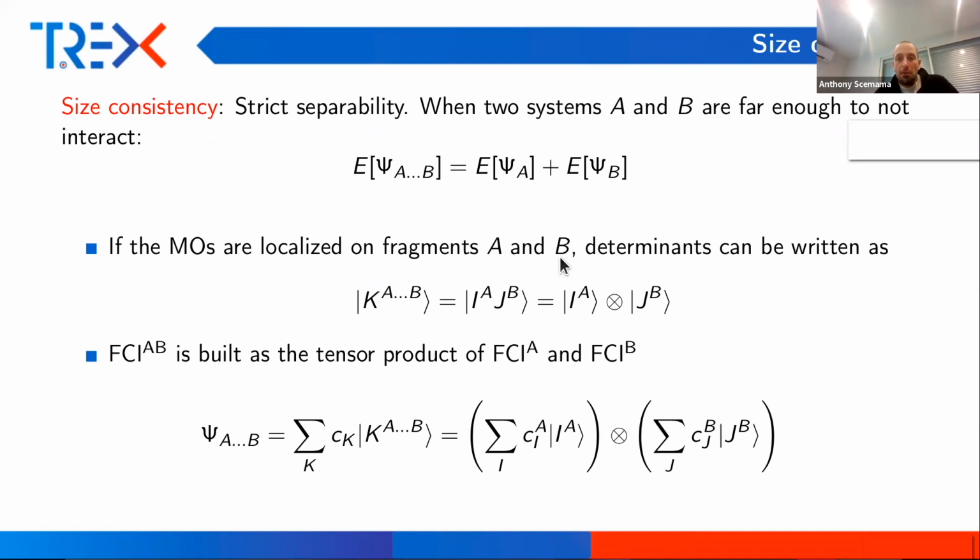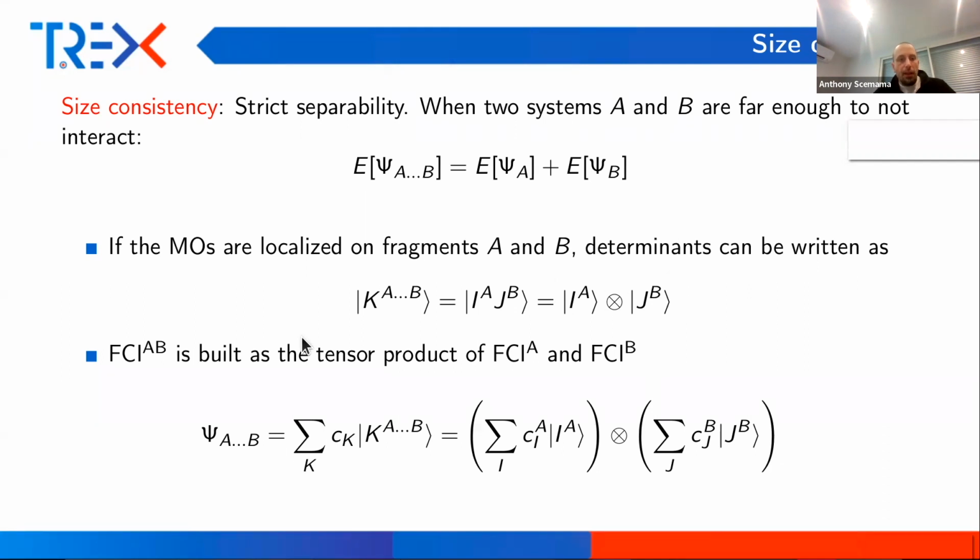So you see that if your molecular orbitals are localized on fragments A and B, then you can really build your total wave function as the product of the wave function on A with the wave function on B.